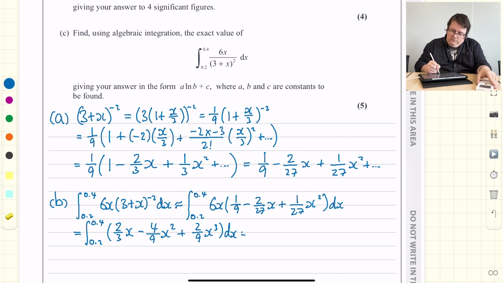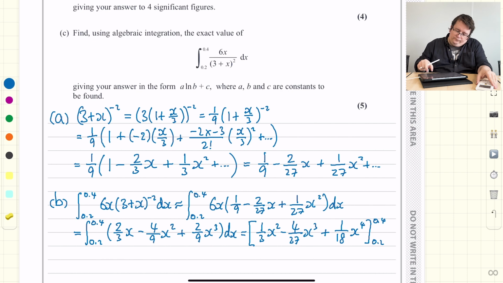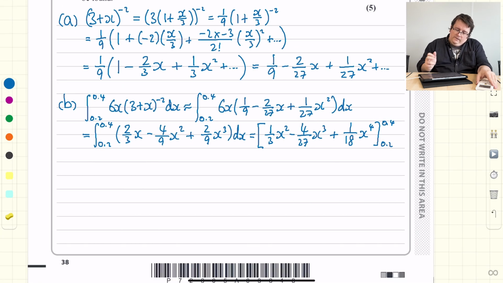Right. Now we actually integrate. So adding 1 to the power divided by the new power, so 1/3 x squared. Then take away 4 over 27 x cubed. And then, what's that, 1/9, 1/18 x to the 4, evaluated between 0.2 and 0.4. Okay. So, now I need to substitute in the 0.4.